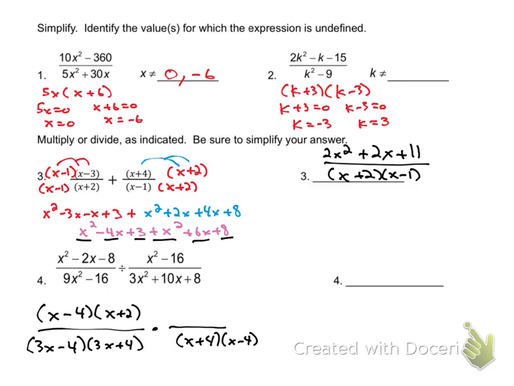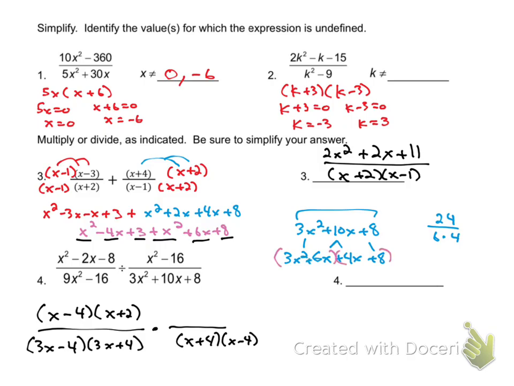That numerator, I need to do the AC method. I'm going to do that up over here, 3x squared plus 10x plus 8. A times C is 24. Two factors of 24 that add to give us 10 are 6 and 4. Split the middle term: 3x squared plus 6x plus 4x plus 8.